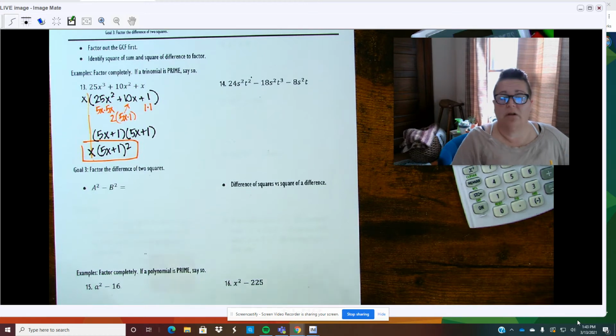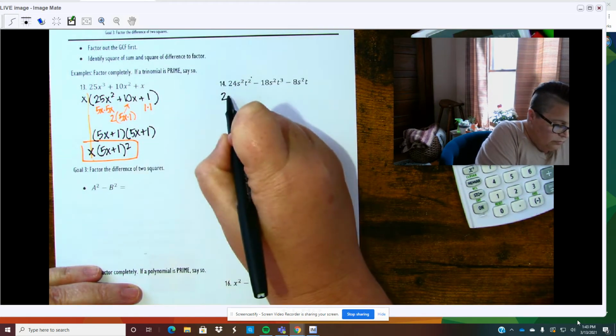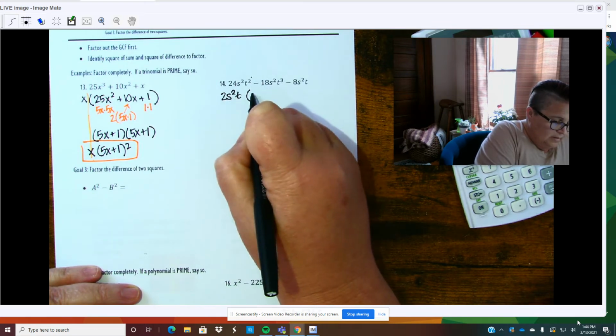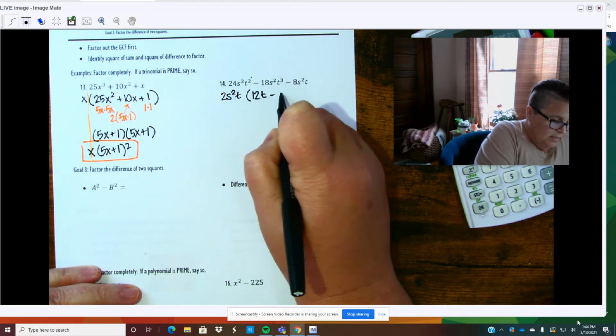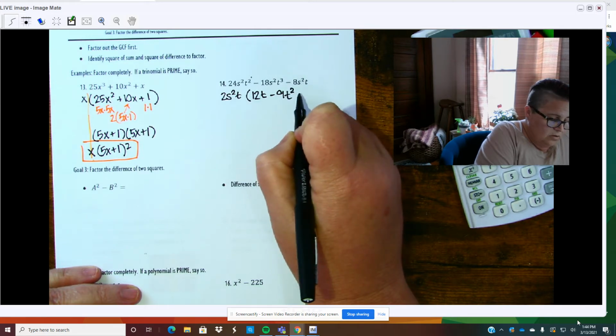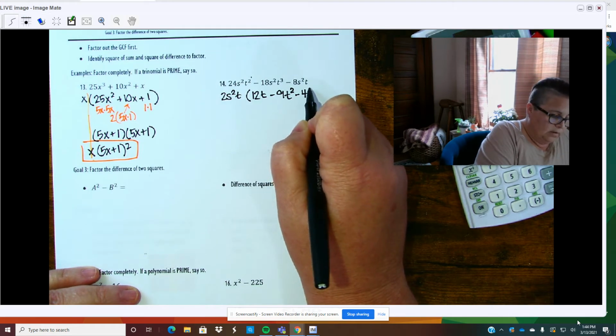I can pull out a 2. They're all even. So I'm going to pull out a 2s squared t. That's going to leave me with a 12t minus 9t squared minus 4.